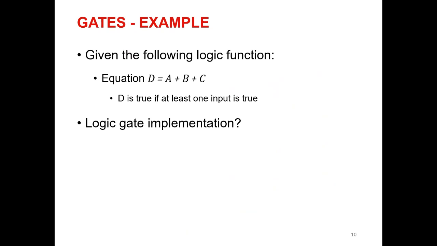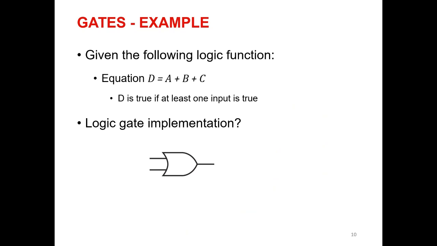So for instance, let's see an example. Yesterday we saw a logic function, equation D, and it was true if at least one of the inputs is true. This was implemented with OR logical symbols: A or B or C. So what will be the logic gate implementation? What will be the circuit equivalent to this equation? We will have an OR gate.